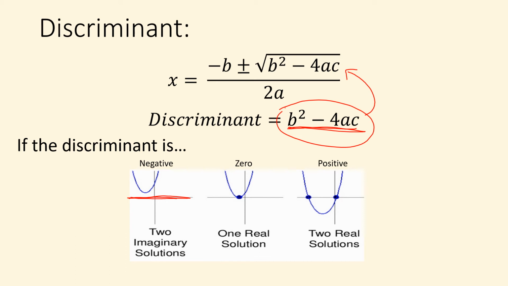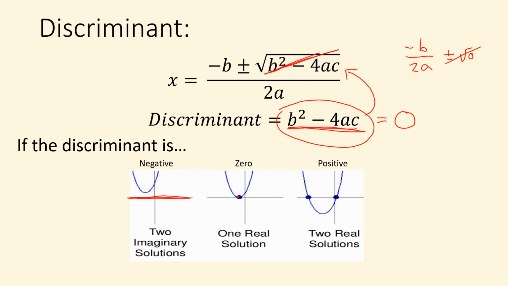If this ends up equaling exactly 0, we just have one solution because this whole term cancels out, and the only thing that we have left is negative b over 2a. The plus minus doesn't do anything because we're really adding and subtracting 0. So one answer means that the vertex is the only part of the parabola that touches the x-axis.